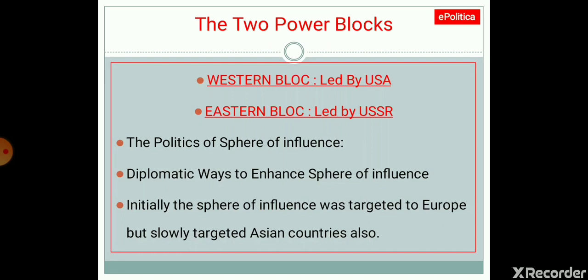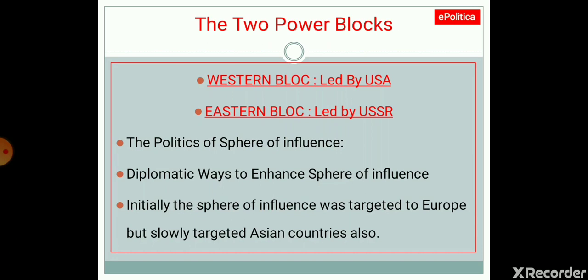By and large, these two power blocs are known as Western Bloc and Eastern Bloc. Western Bloc were those countries who were led by the United States of America, and mostly those are the Western European countries. Whereas the Eastern Bloc consisted of the Eastern European countries, and they were led by the Union of Soviet Russia, that is the Soviet Union.